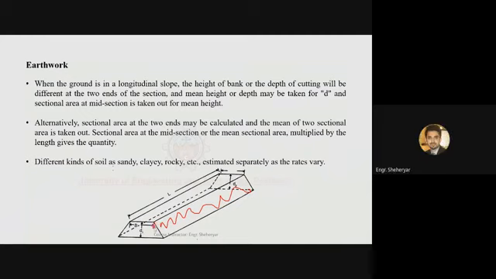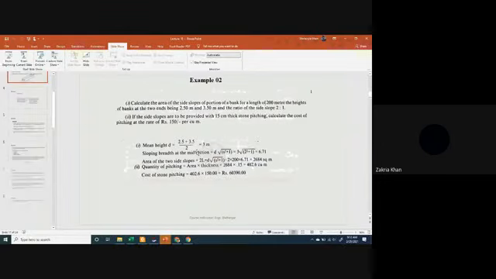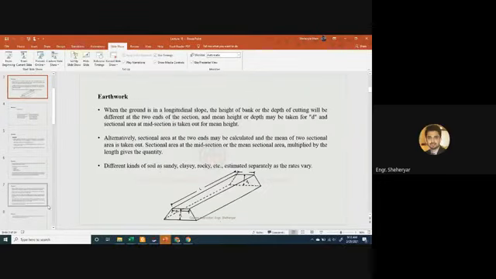But the perpendicular side, this vertical side, has a different value at this point and a different value at this point. So we will take the average of both. Yes, we will take the average. So you will get a height at this point. Alright? And then multiply by the length.